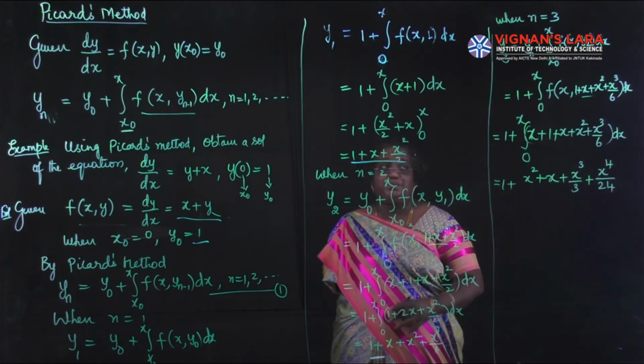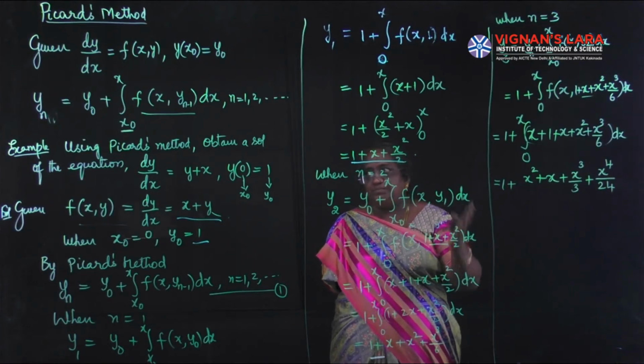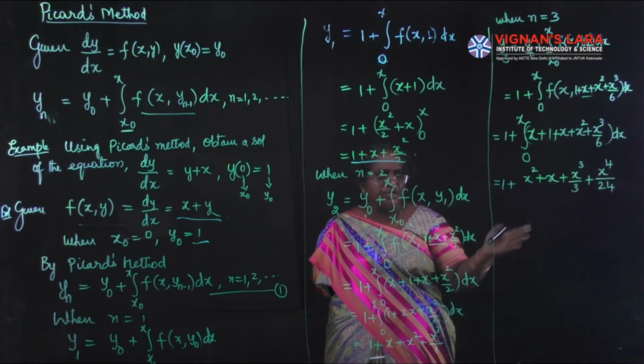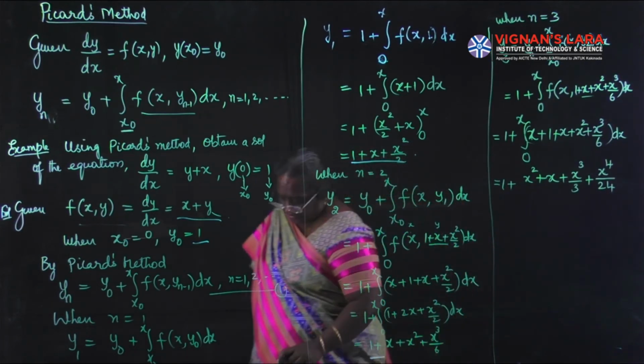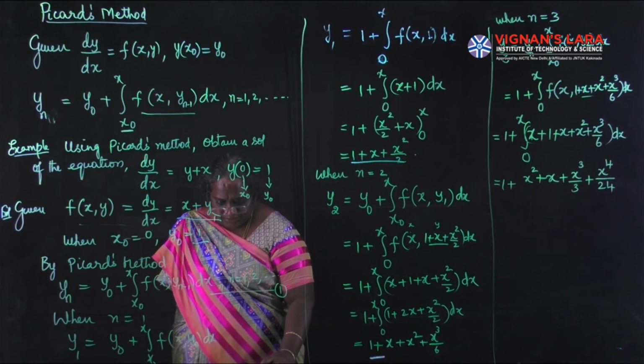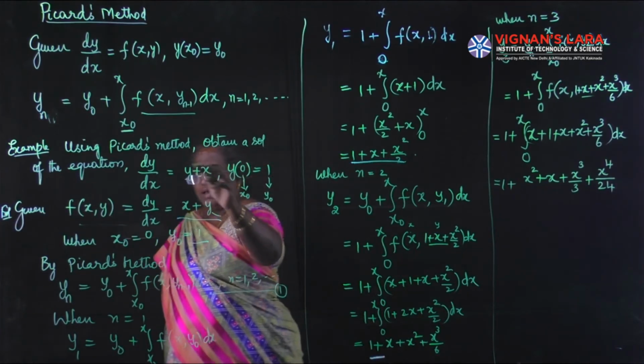If they ask to perform 4 iterations or 5 iterations, you have to continue up to y4 or y5. Suppose they have asked to find the value of y when x is equal to 0.2.